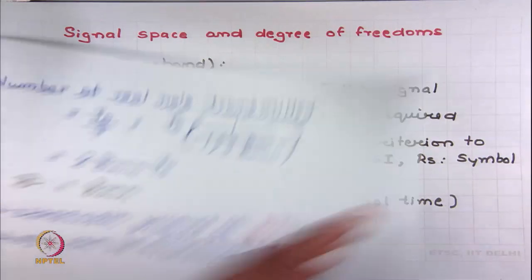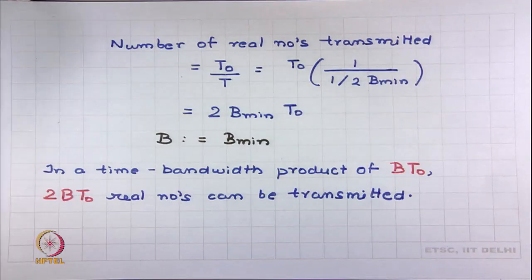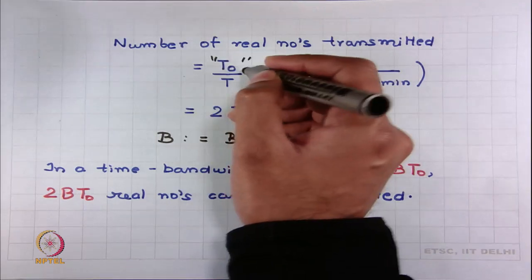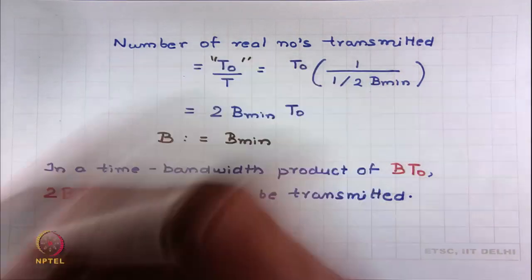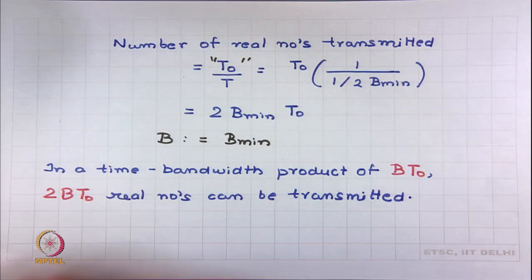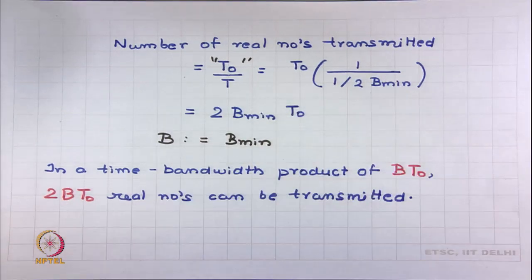And if we look at the number of real numbers that are transmitted, we have the total duration T naught, and in PAM we are only generating real numbers, one real number every T seconds. So, the total number of real numbers that you would transmit would be T naught by T, and T is 1 by 2 B minimum.